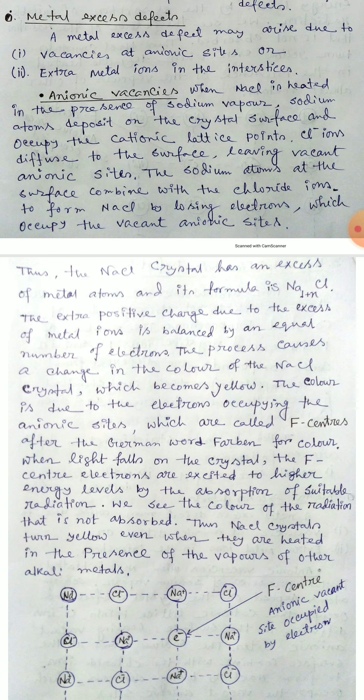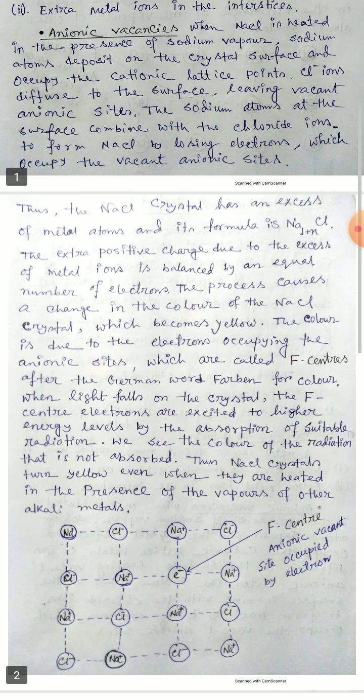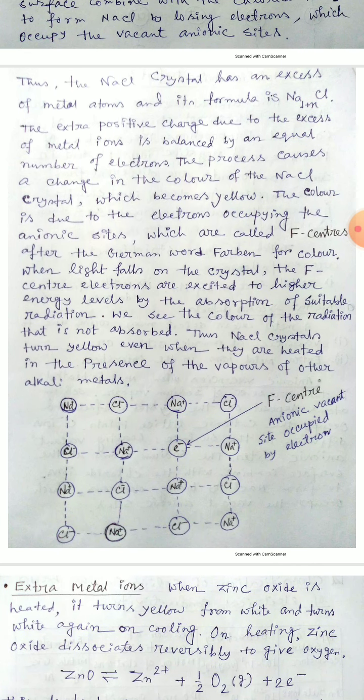One or more chloride ions leave their positions, forming vacant anionic sites. The electron lost occupies the vacant site formed by the departed Cl minus ion. Thus, the NaCl crystal has excess metal atoms. That is, after leaving one Cl minus ion, there will be one Na plus ion extra.